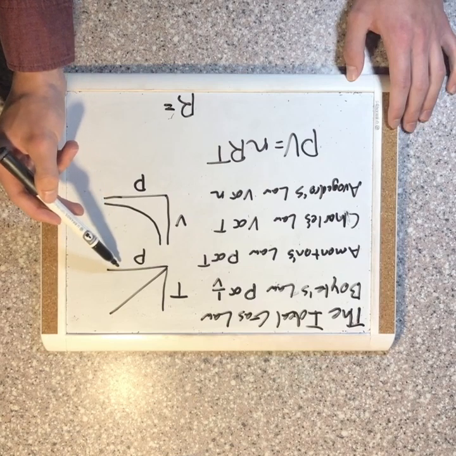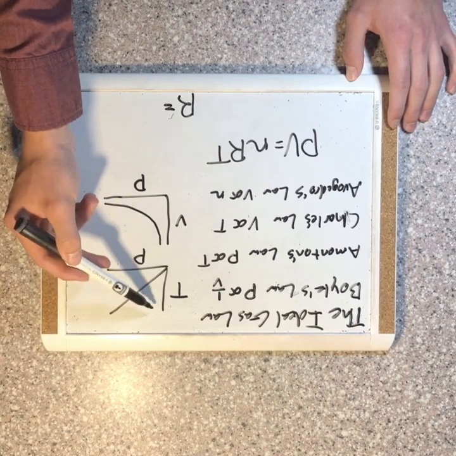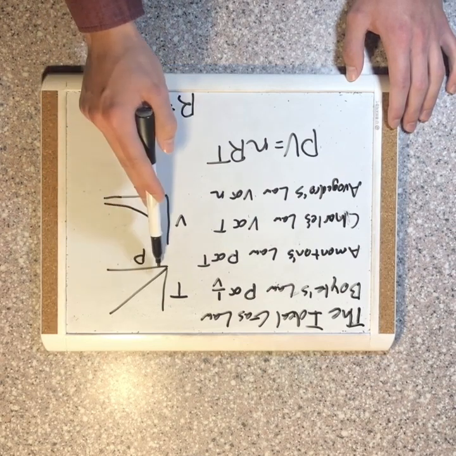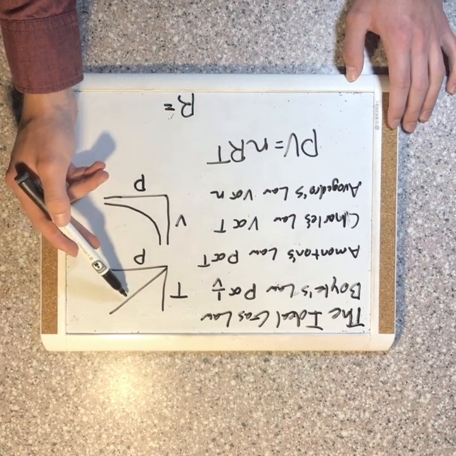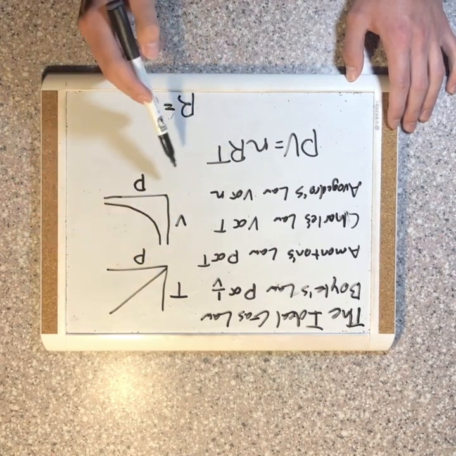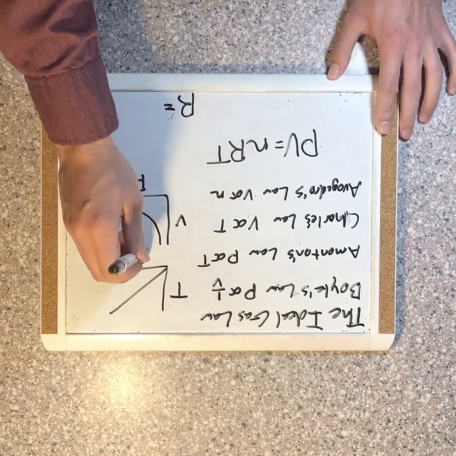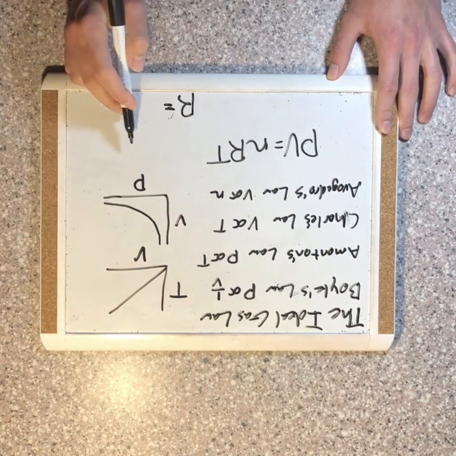And as the pressure increased, the temperature would also increase. So if the pressure goes up, the temperature is going to rise. Also, if the pressure goes down, the temperature is going to fall. This relationship stays the same for volume, as we see in Charles's law.